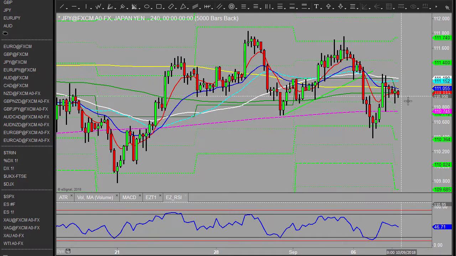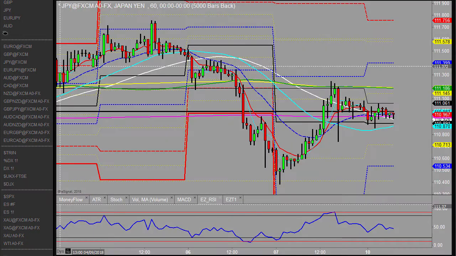Now looking at the yen 4 hourly, there's a sort of flaggy pattern on the 4 hourly here potentially, so we may see some more upside. It was running pretty well for the early part of last week, and then we saw the corrections. Are we going to see a similar move here?